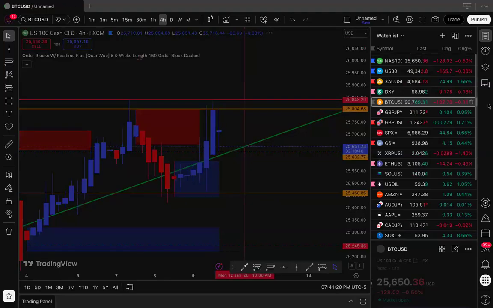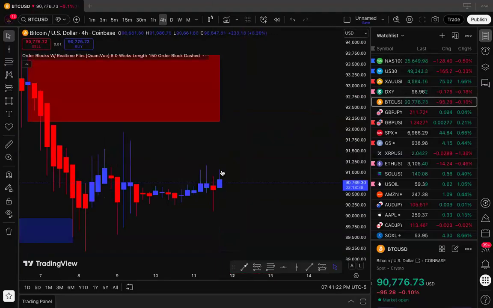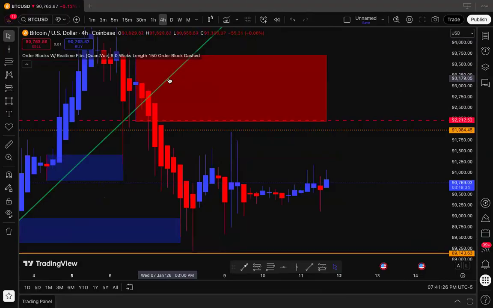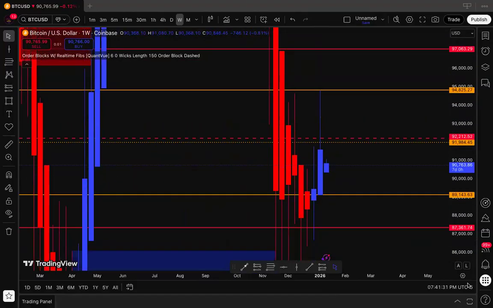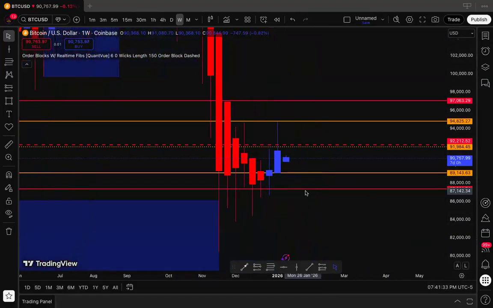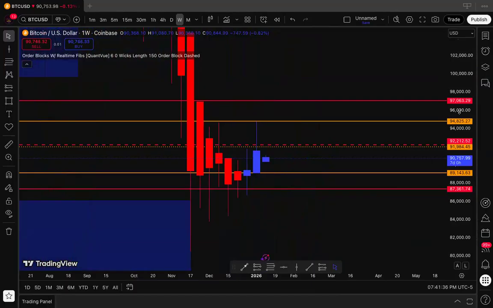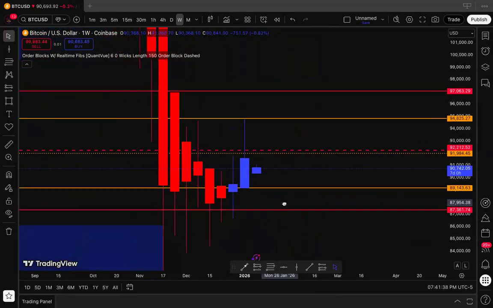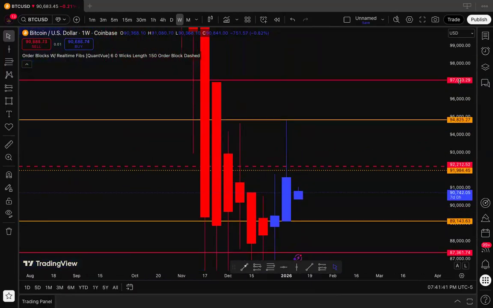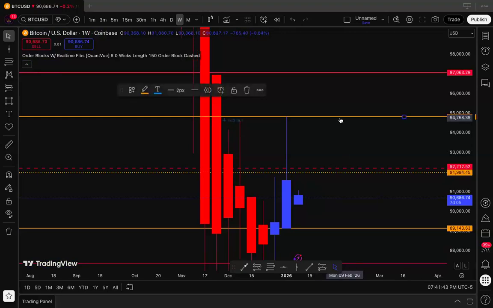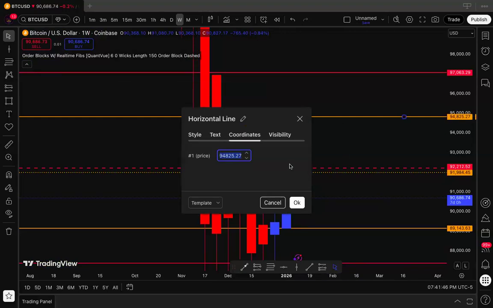I'll move over to Bitcoin. The weekly high for Bitcoin is 91,080.70.